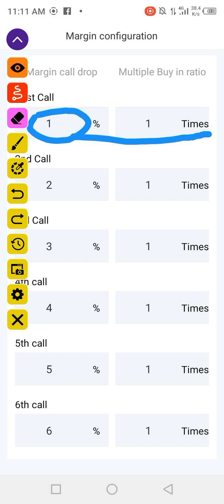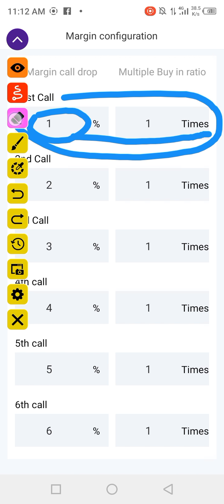So at this first position, if it gains 1.3%, it will sell off this position and go back to the initial position.